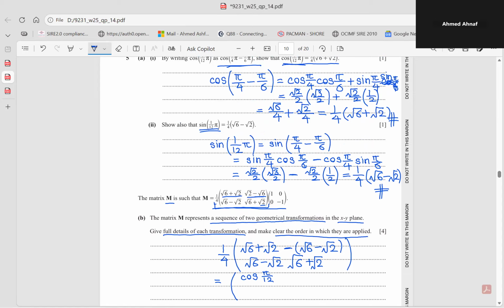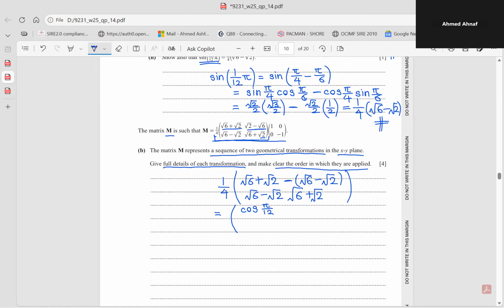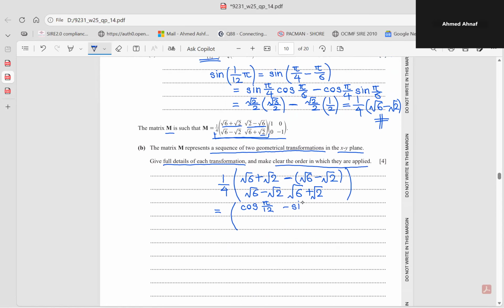It's just 1 over 4 times square root 6 minus square root 2, negative. So that's just minus sine pi over 12. Same for this, just sine pi over 12. And same for this, it's cosine pi over 12.